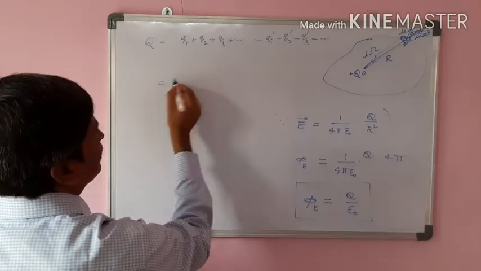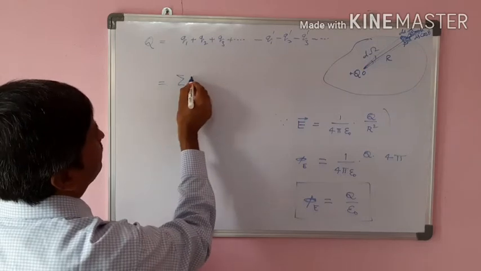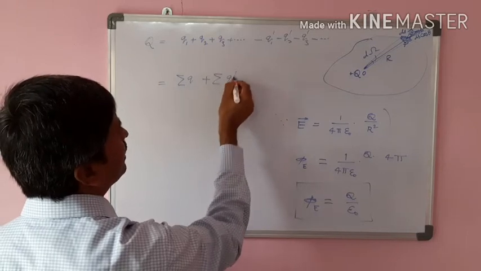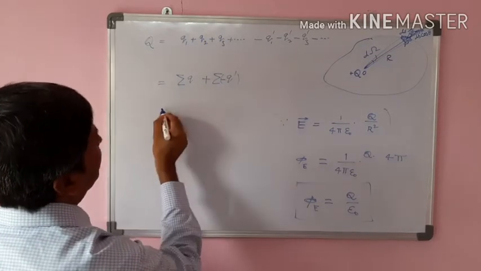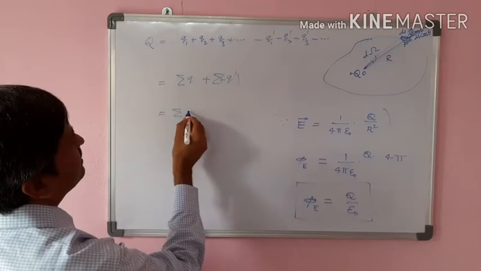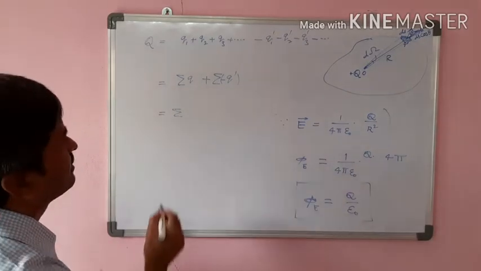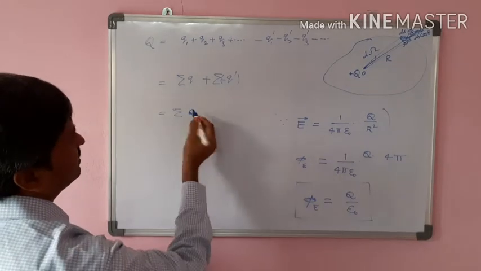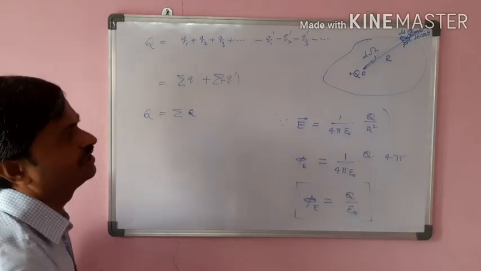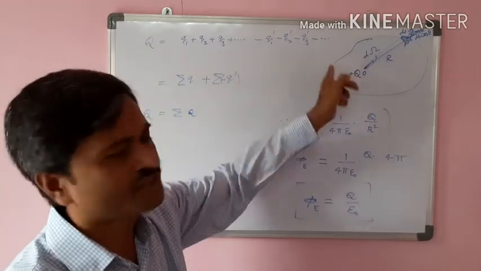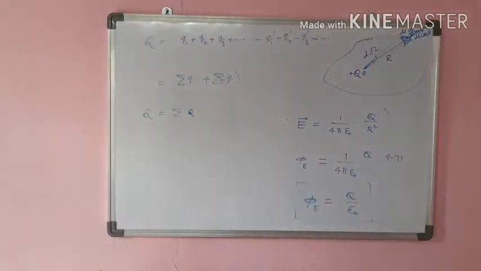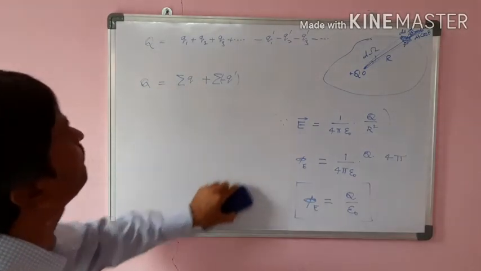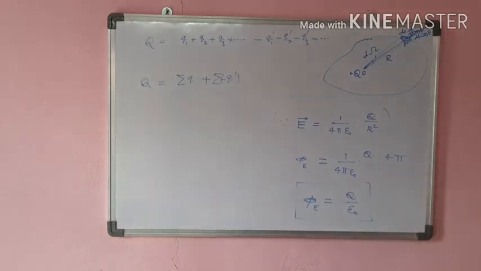The total sum of all the charges, that is plus q plus minus q dash, put together you will get the summation of all charges, that is the total charge. So this is applicable for any number of charges inside. This we can understand, where Q is equal to this much. Here itself you can stop. Right? This is the total charge.